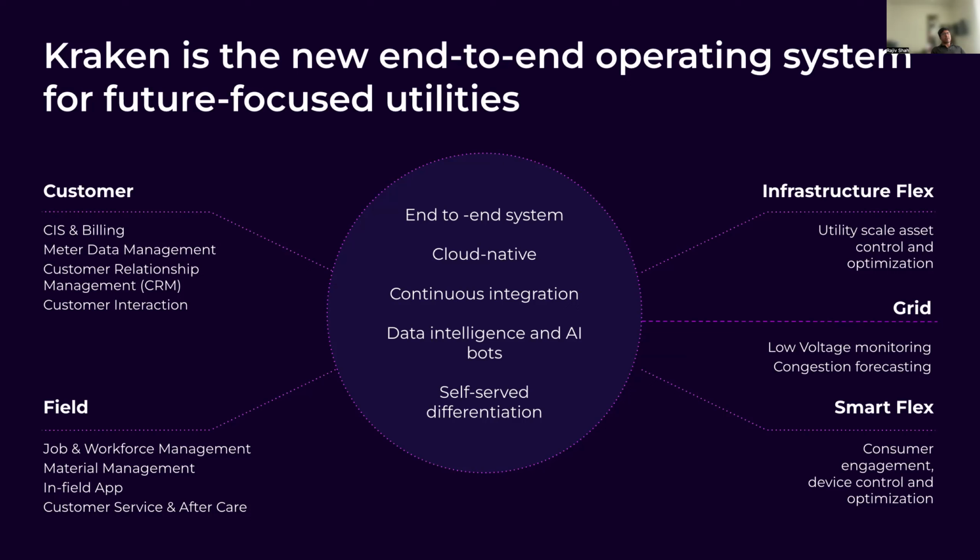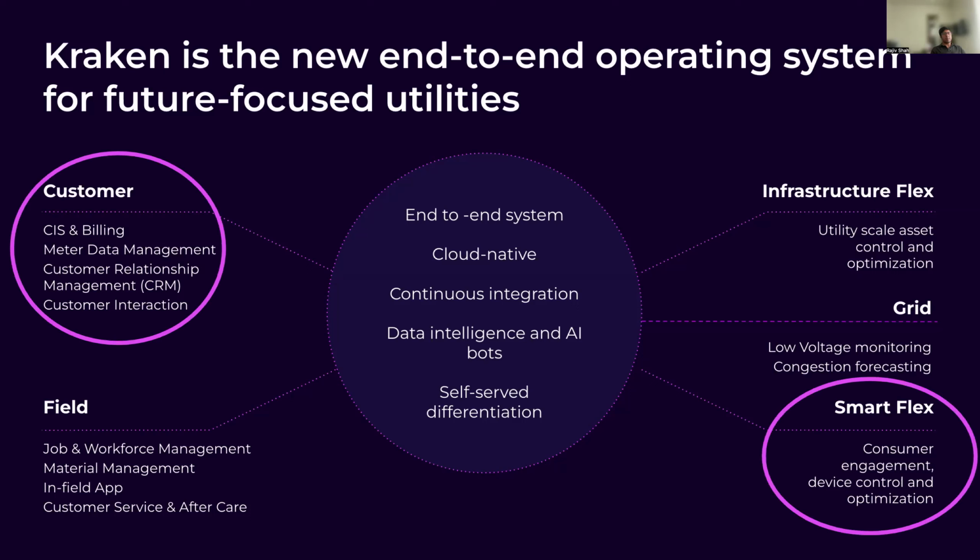We have flexibility capabilities both on the grid scale side and the ability to control and optimize grid scale batteries, even some peaker plants, and a smart flex capability that's really about some of the consumer level DERs that are going to be really the emphasis of the discussion today. And lastly, Kraken Grid, which is providing distribution level insights, low voltage monitoring, and congestion forecasting. But the real focus today for me is going to be on the customer and the smart flex side of this platform.